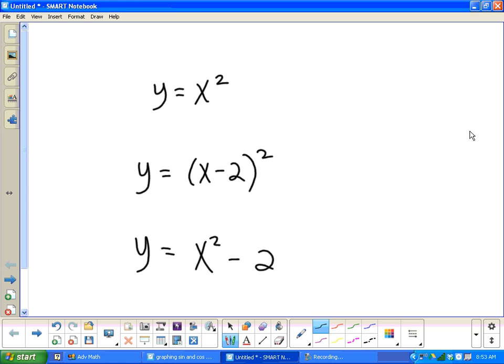All right. What kind of graph are we talking about with these three? Parabolas, right? X squared is just the upwards parabola. All right. What happens in this second one here to the parabola when we put a -2 inside the parentheses and then square it?